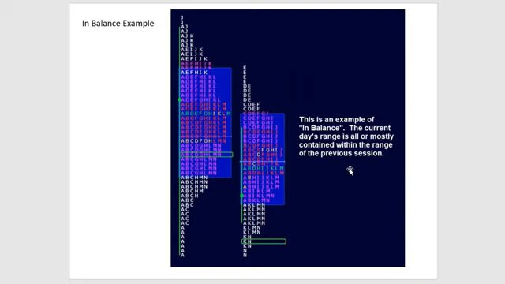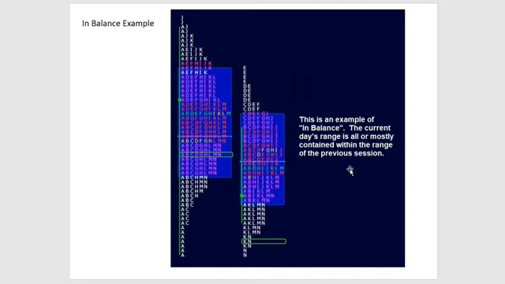So when we have balance, the best trades that we normally find are when a market comes out of balance. However, not all trades come out of balance right away. A couple of things can happen. We can look above the 2-day balance and fail. If we look above the 2-day balance and don't see upside continuation, that is a balance failure.